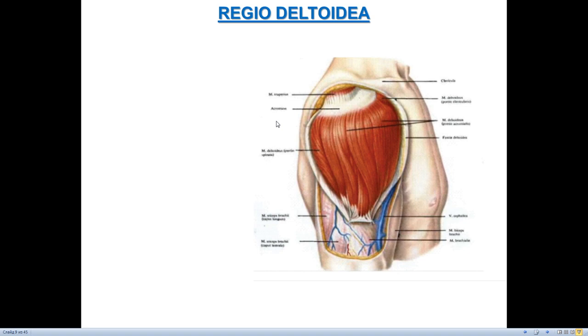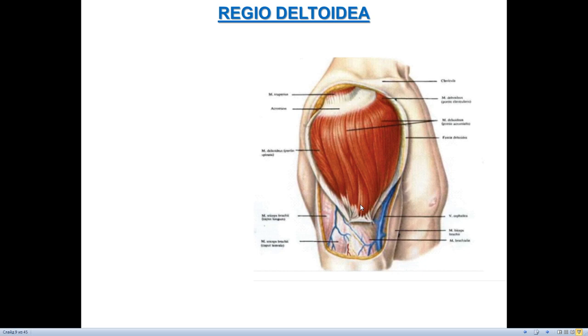But in some textbooks you will see another description, where the borders of the deltoid region are equal to the margins of the deltoid muscle. The deltoid region has the shape of a triangle, the apex of which passes inferiorly, like you can see here, and the base superiorly.